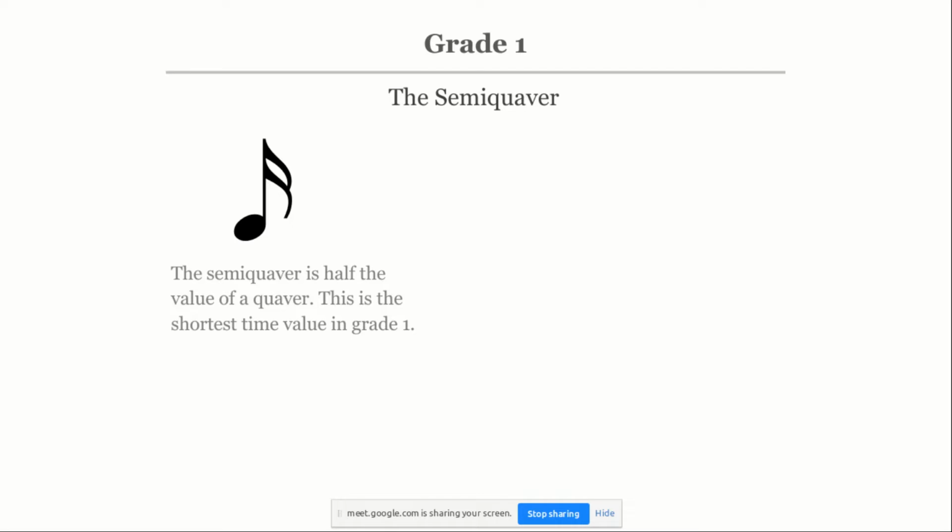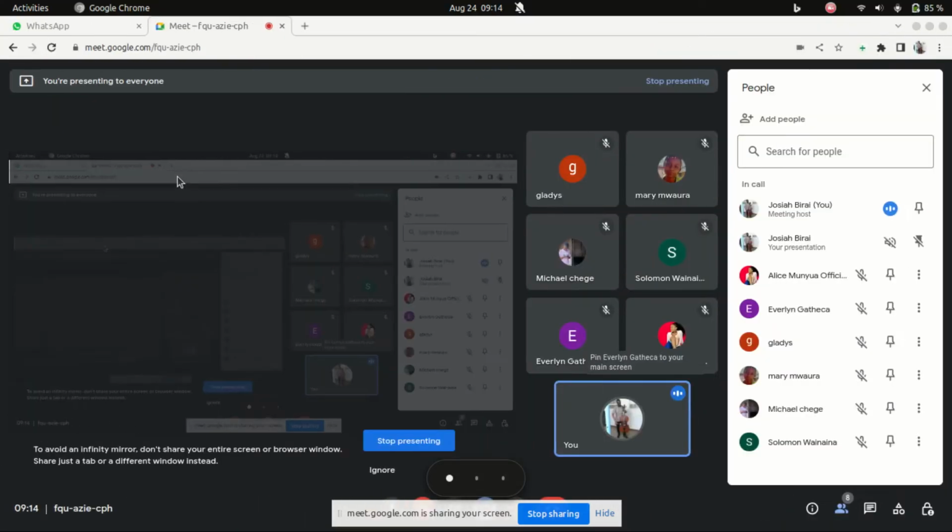A crotchet was 1 count, and it's a quarter note. And then a quaver was an eighth note, which is worth half of a count.